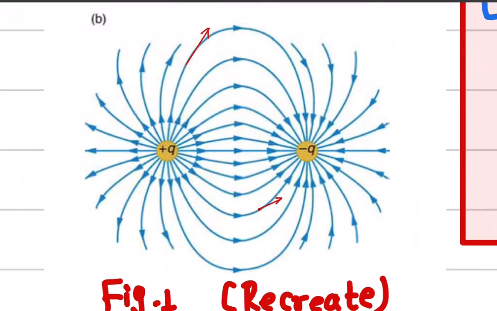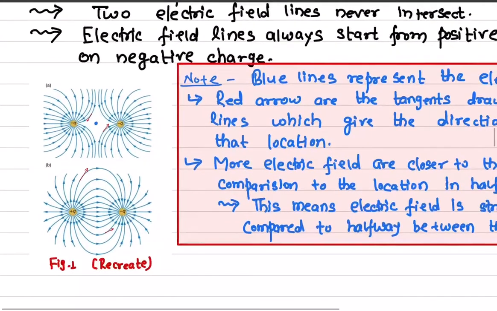If you bring the positive charge here, it will move in this direction. So if you just have an imaginary test positive charge, then it will try to move along this direction at this point. So if you keep drawing the tangent lines, then the tangent lines give you the direction of the electric field.